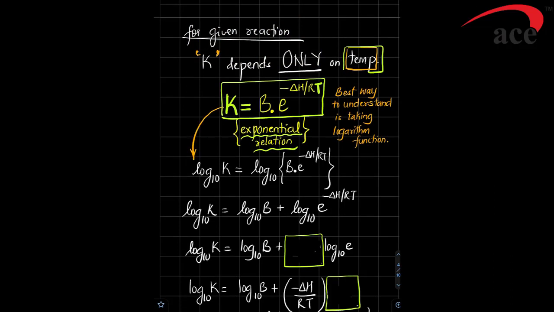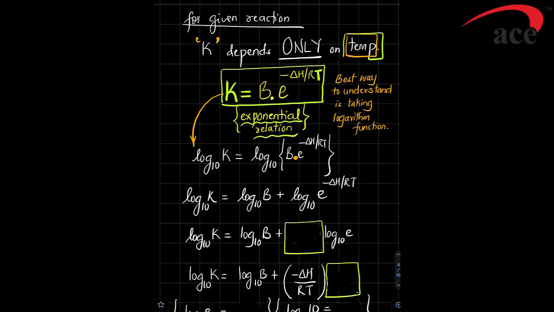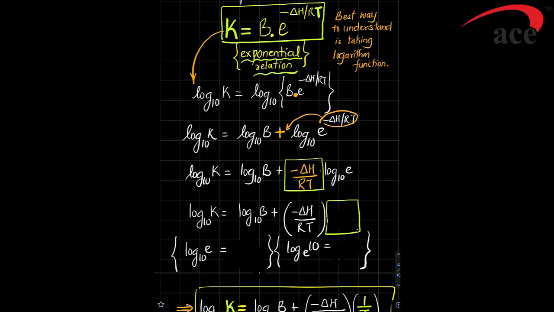If you take log on both sides, the multiplication between B and e will become plus, and the power of e will become a multiplication factor. So minus delta H by RT it will become.